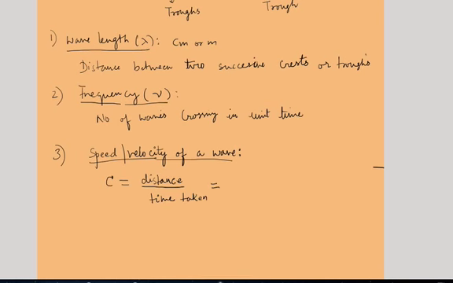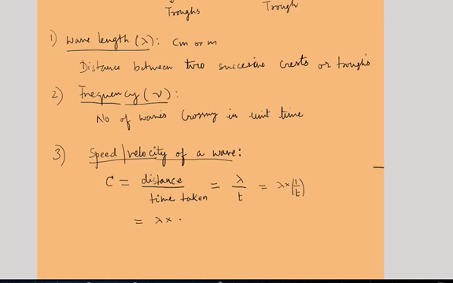How much distance it is covering? Let us say it travels lambda distance and time taken for one wave is t. So therefore lambda into 1 by t is what we can define as speed c, but we just know that lambda is the wavelength and 1 by time is nothing but frequency.